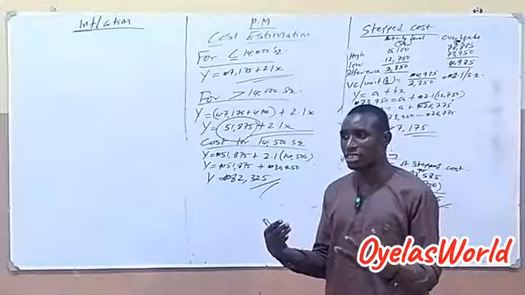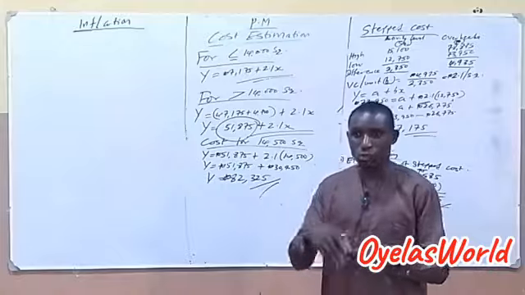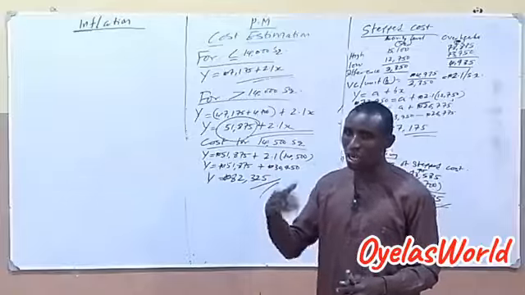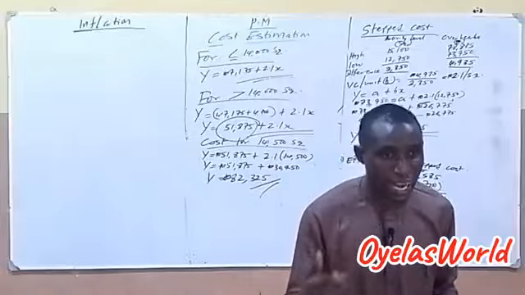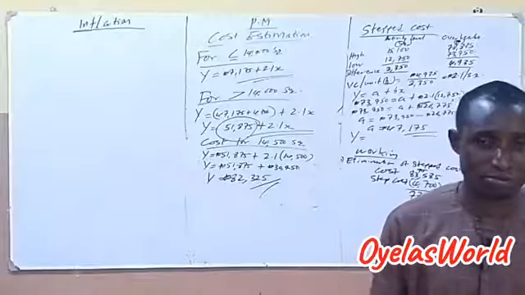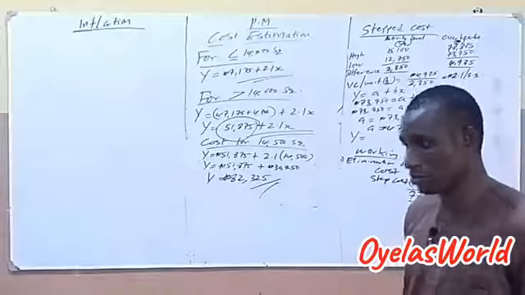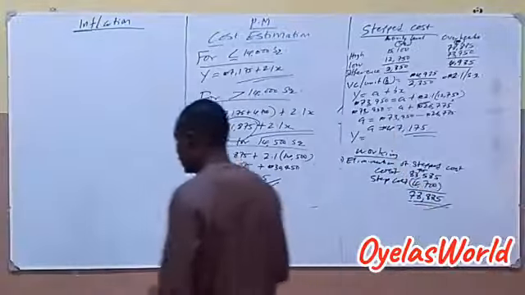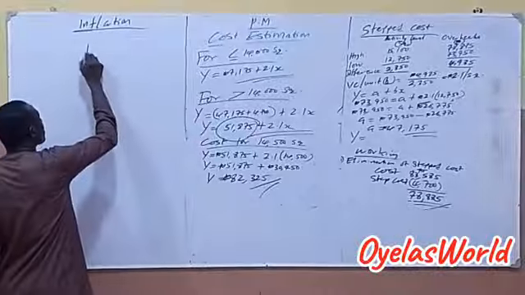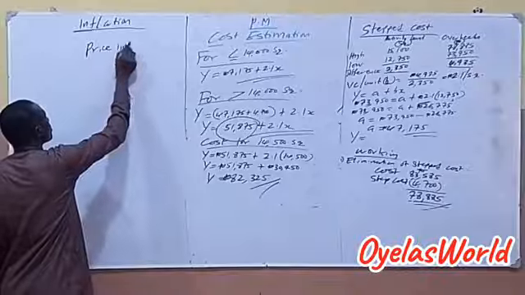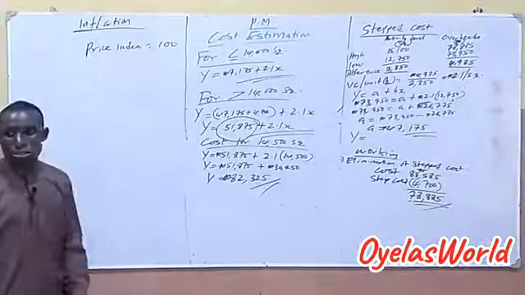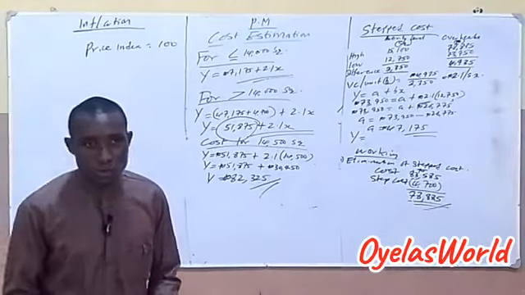And the index to measure the inflation or deflation of an economy is the price index. So they may give you the price index. Once your price index is 100, that economy is a stable economy.